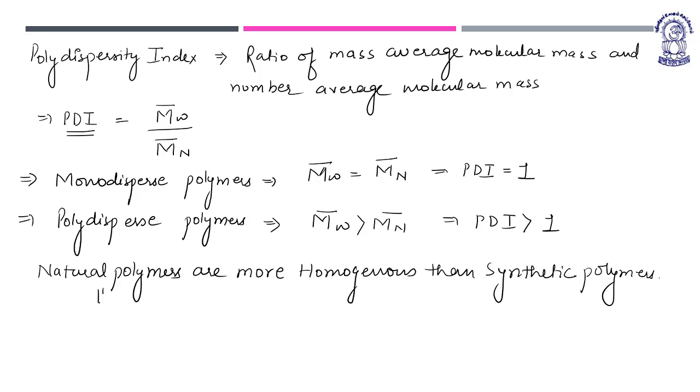So for natural polymers, the PDI is always unity, and it means they are monodisperse. For synthetic polymers, the PDI is greater than 1 and therefore they are polydisperse.